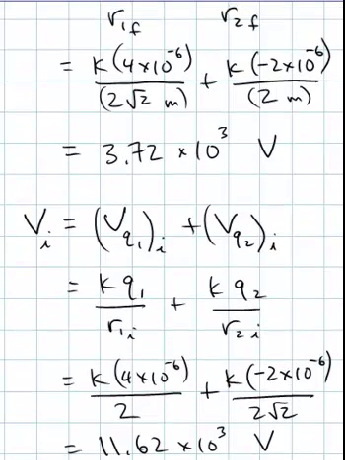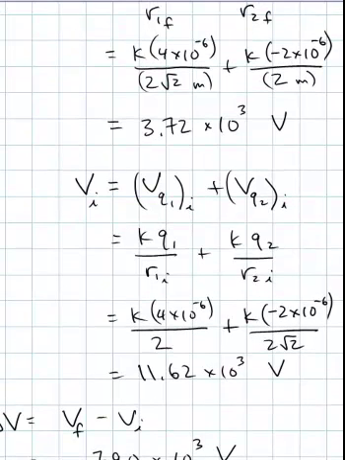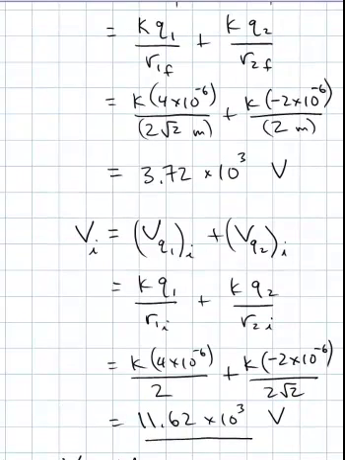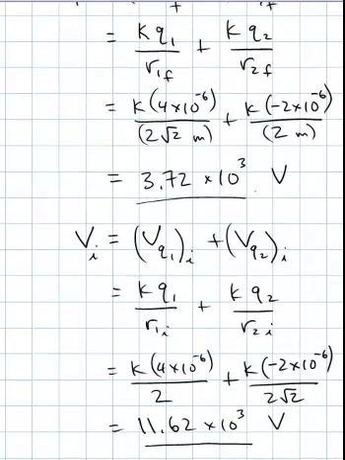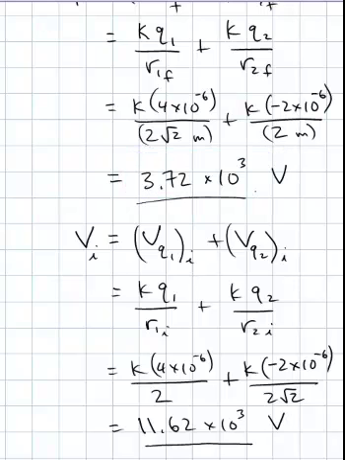What you can do then is look at the numbers. Look at your initial potential and your final potential. In this case, the initial was 11.6 kilovolts, and the final was 3.7 kilovolts. So we knew that this particle was going from high potential to low potential.